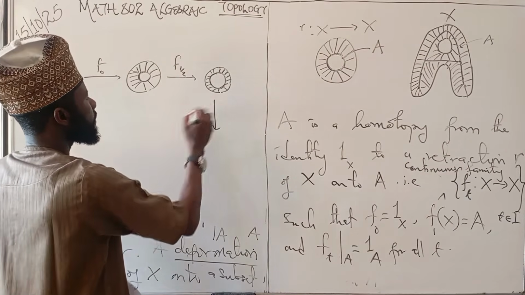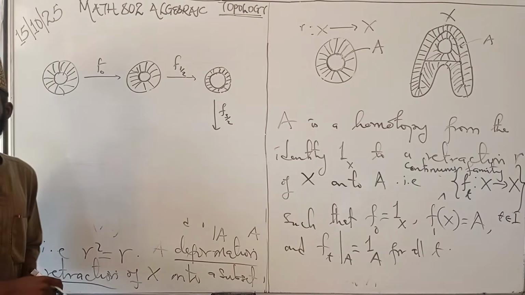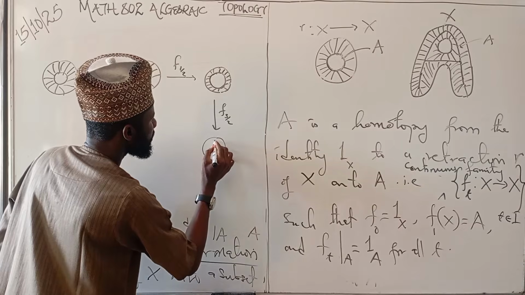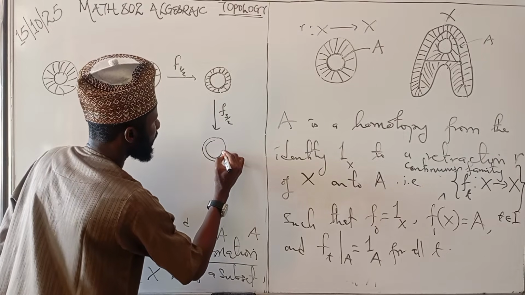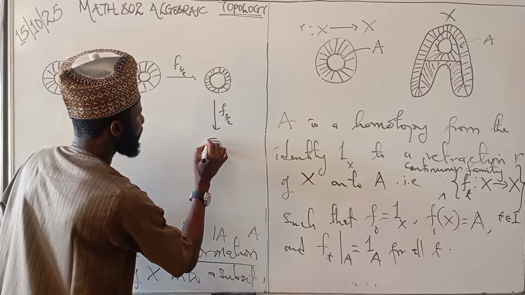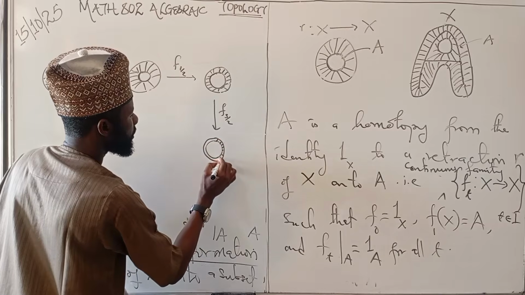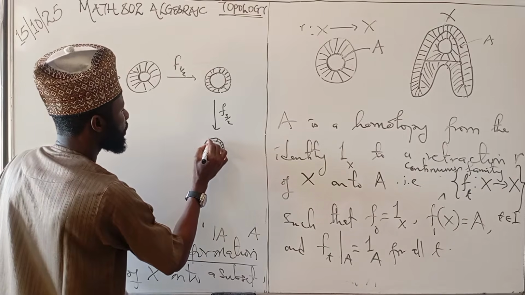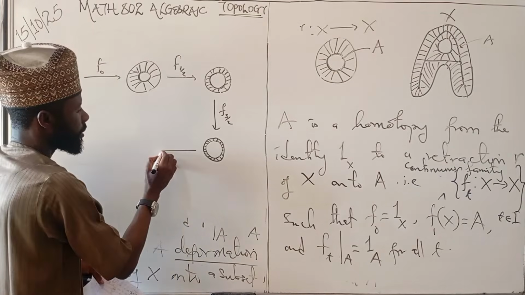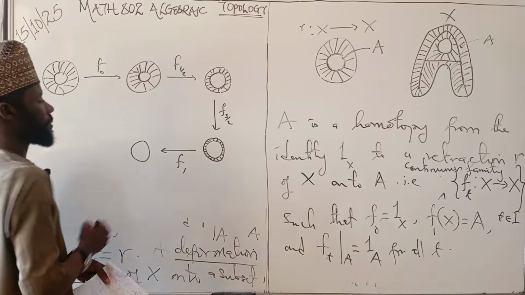F 3/2 is going to be almost there. Or you can think of it as if you are almost at the cycle. Since this is a continuous time interval, at F1 you are already at the cycle, which is your A.